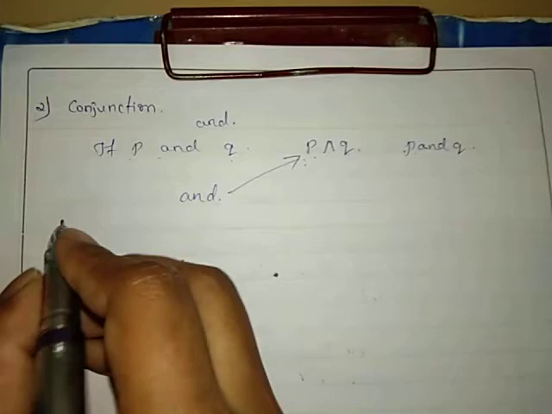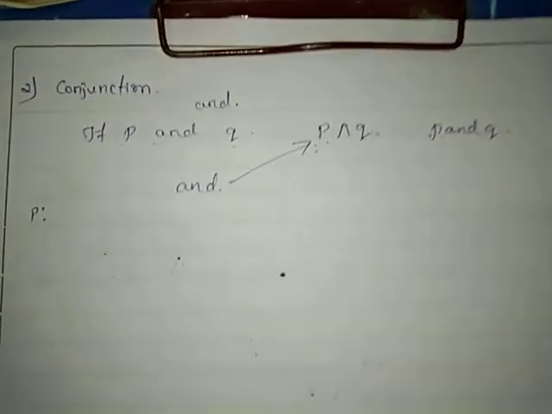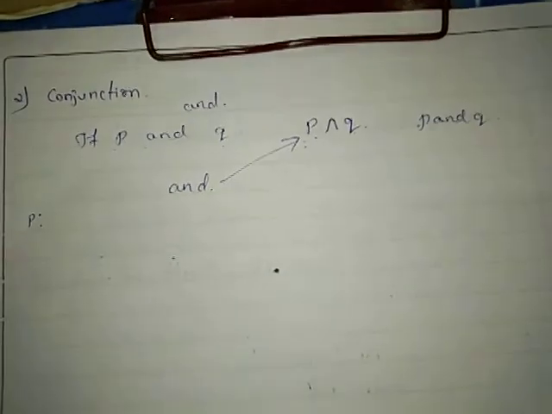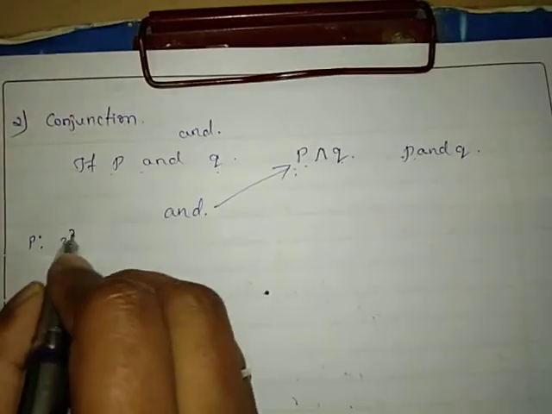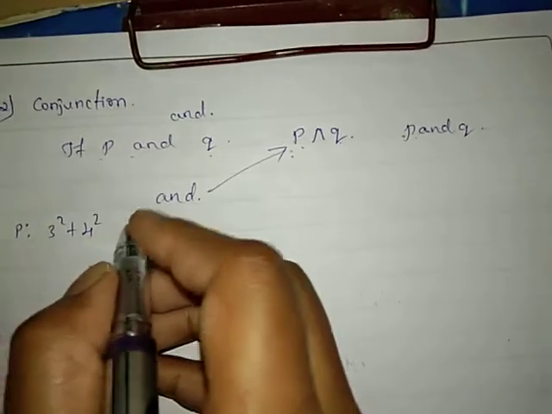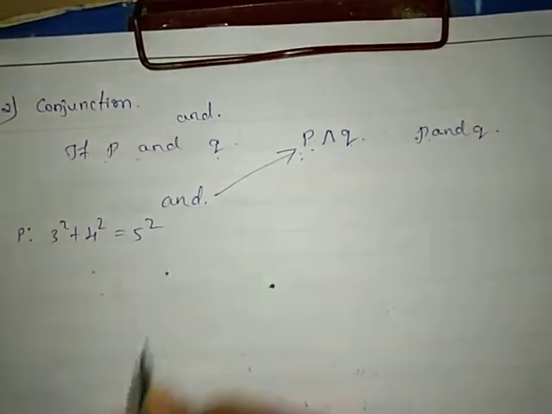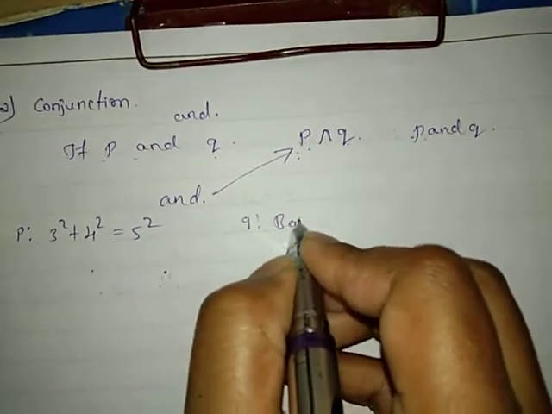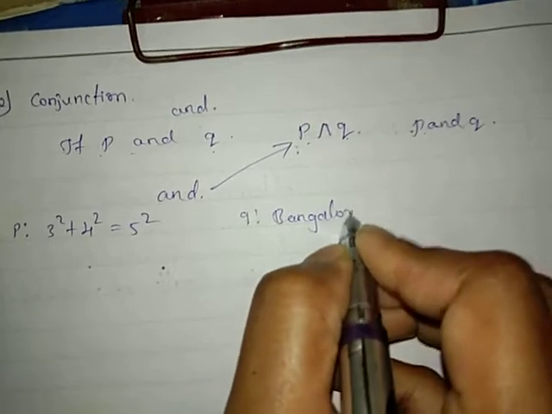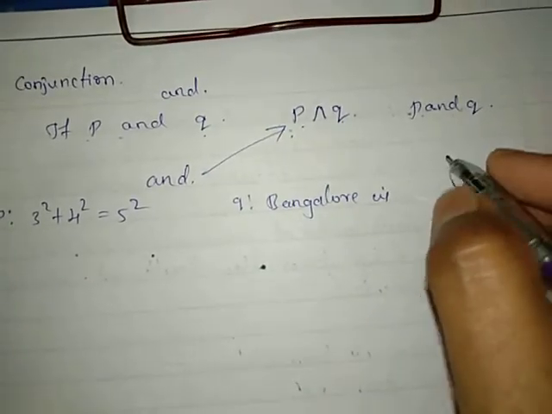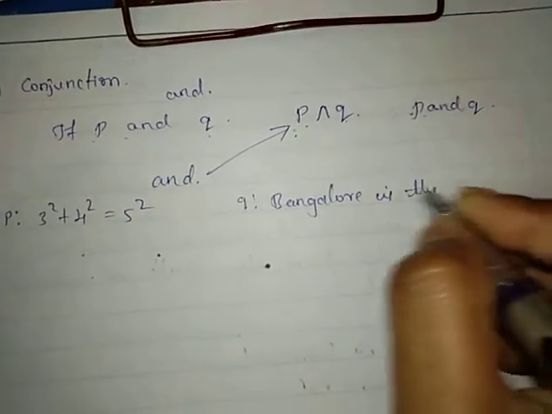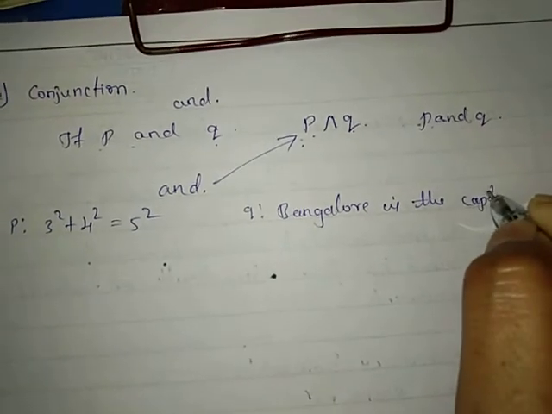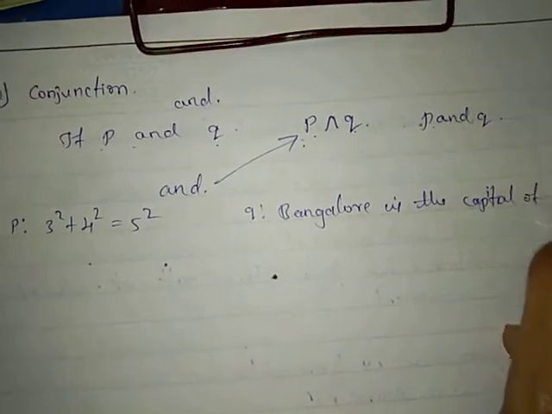Suppose I am taking an example. Here I am taking a sentence P: 3 square plus 4 square equal to 5 square, and also the sentence Q: Bangalore is the capital of India.